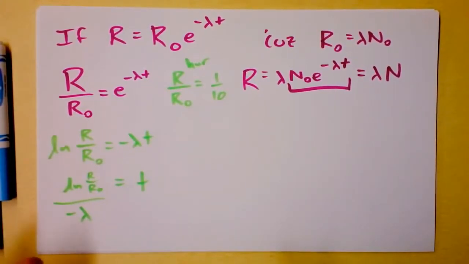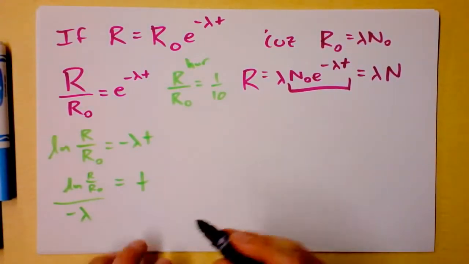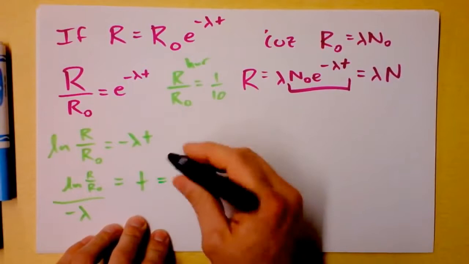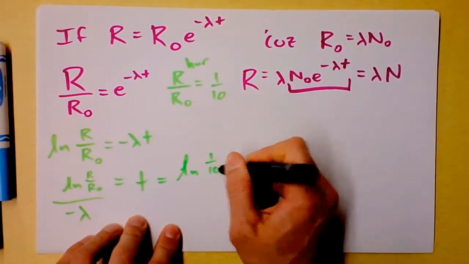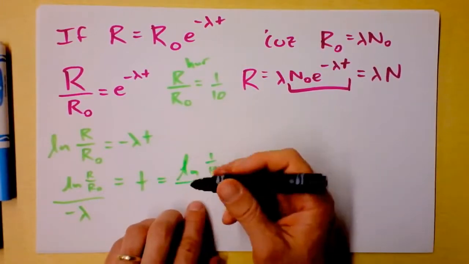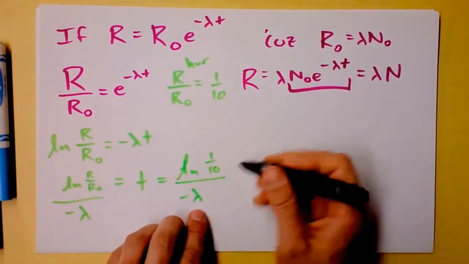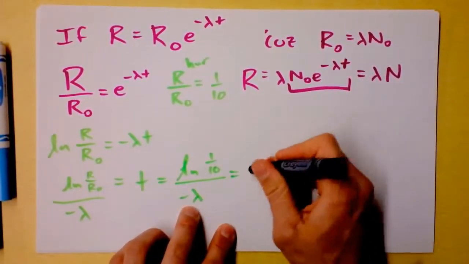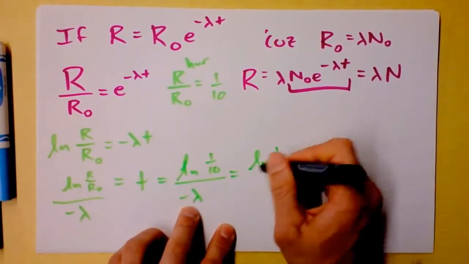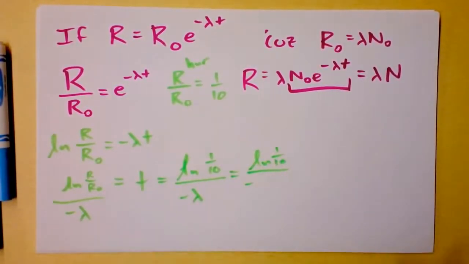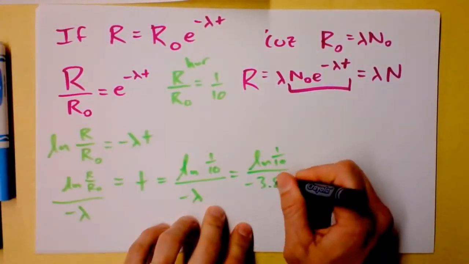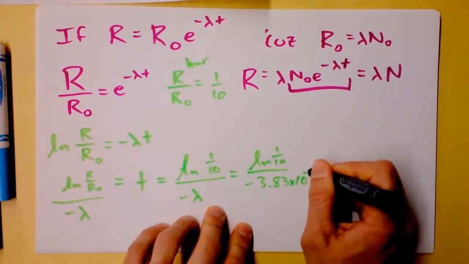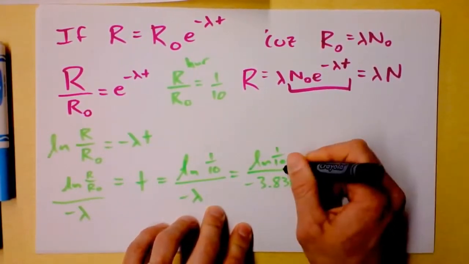I'm about to plug in all these numbers, and it's going to be absolutely disgusting, but here we go. The natural log of 1/10 divided by, and now I need that decay rate again. Here it is, the decay rate, 3.83 times 10 to the negative 12th, 1 over seconds.